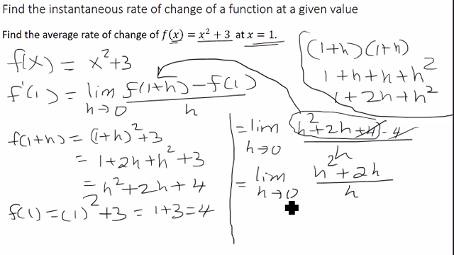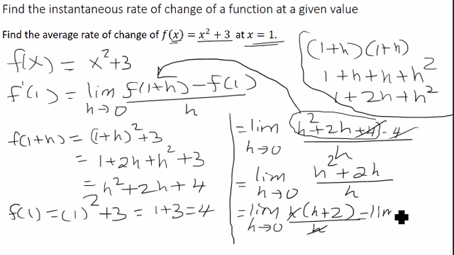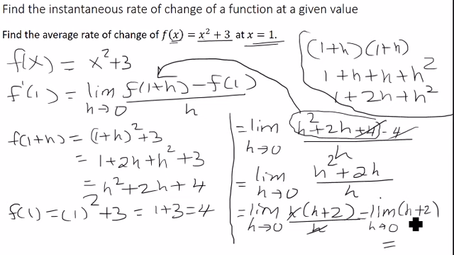So that's going to be limit as h goes to 0, with h factored out, h plus 2 divided by h, and you can cancel that, so it's limit as h goes to 0 of h plus 2. Now you can apply direct substitution, because this is just a polynomial, so it's going to be 0 plus 2 after you apply the limit, and that's going to be 2 as your instantaneous rate of change.